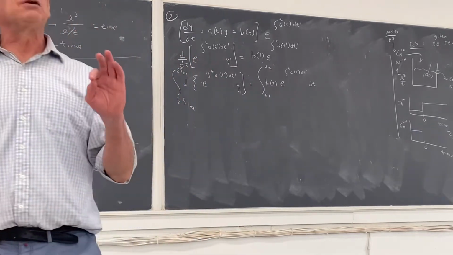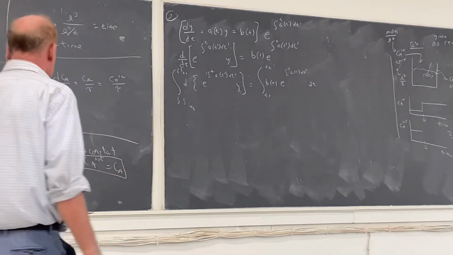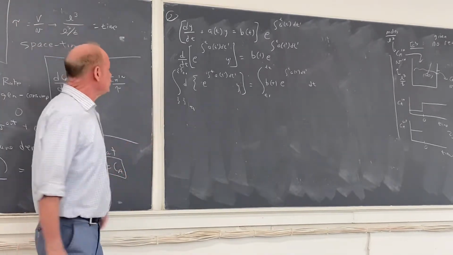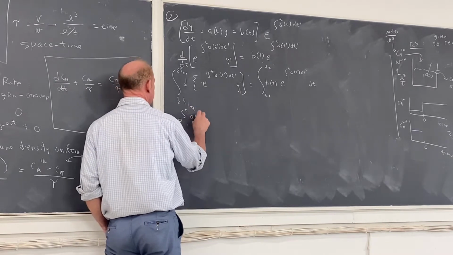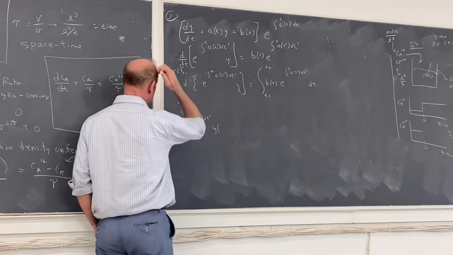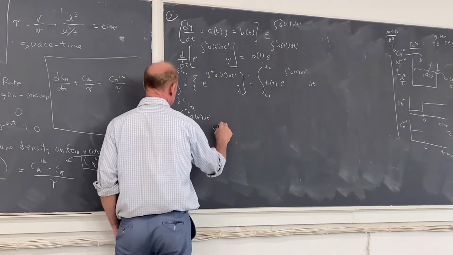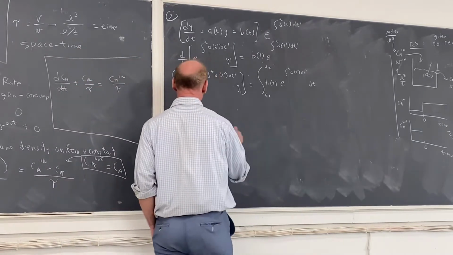I'm not starting from 0 because sometimes I don't start from 0. I start from some t1. So I might as well write it in the general way. So this gives me e to the integral to t, a of t prime, dt prime, y of t2, minus the same thing at t1. So I'll bring that to the other side of the equation.